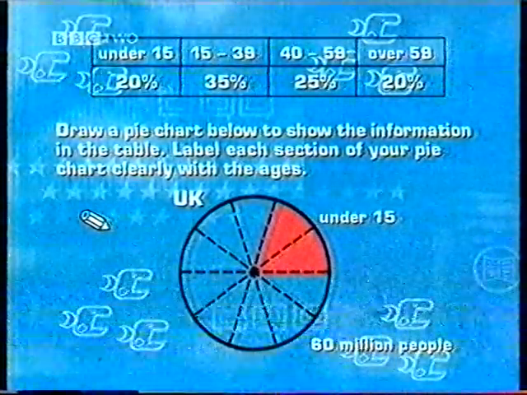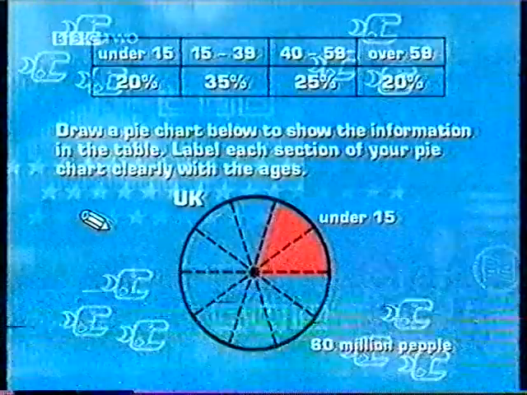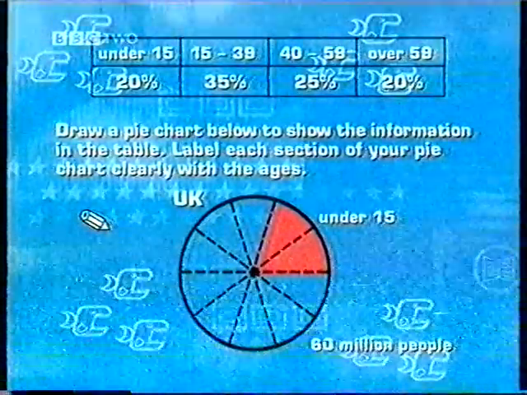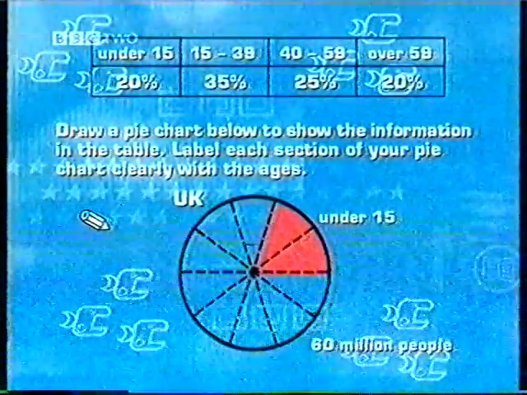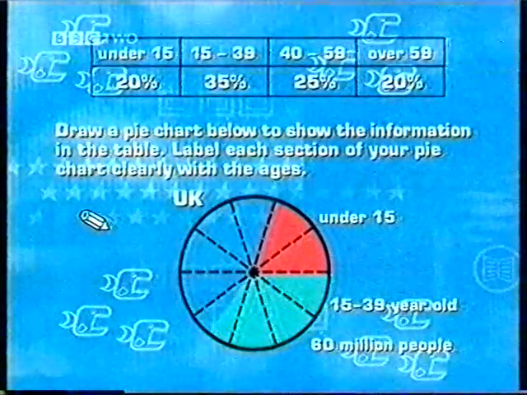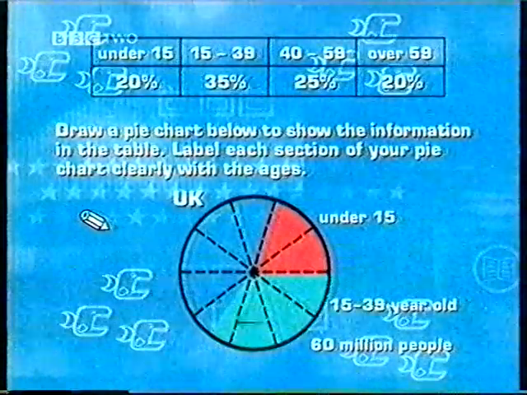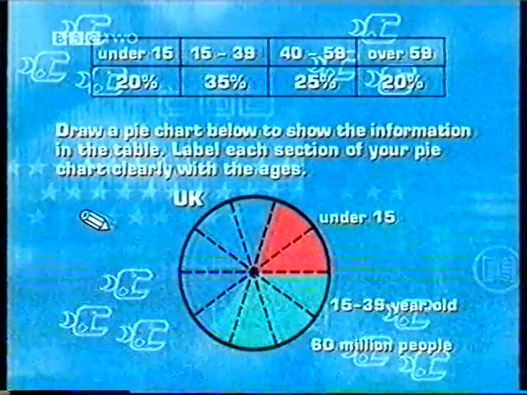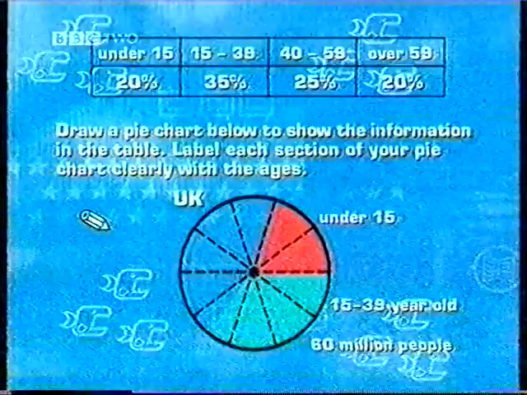Next, the table tells us that 35% of the people in the UK are 15 to 39-year-olds. So we must label 10, 20, 30% and another 5%, that's another half a sector, to represent 15 to 39-year-olds.